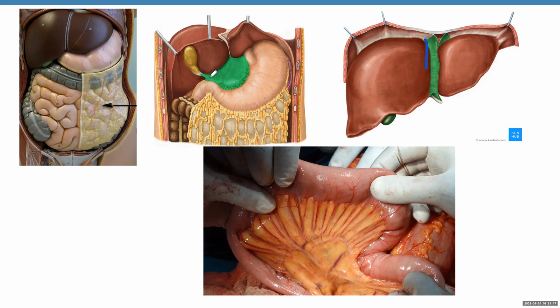Then falciform ligament is this ligament that separates the right and left lobe of the liver. And that's a very beautiful picture over here of the mesentery proper that attaches to the small intestine. And what it does, it holds your small intestine in place and also attaches it to the back wall of the abdominal cavity through the root of the mesentery.